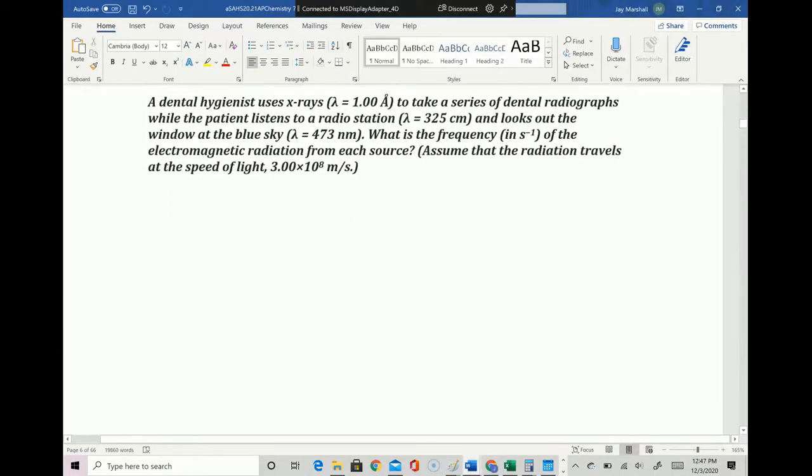The dental hygienist uses X-rays, wavelength, 1 angstrom. You might see this unit, an angstrom, designated by an A with a little circle over the top of it like that, is 10 to the negative 10th meters.